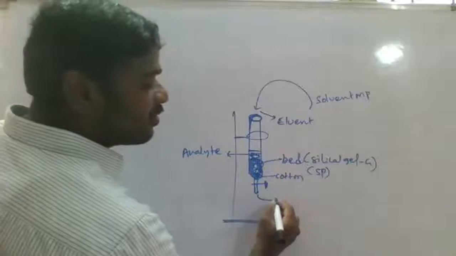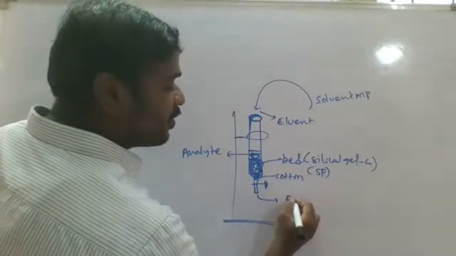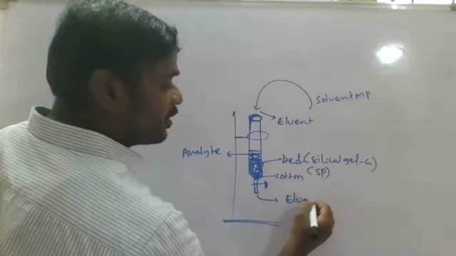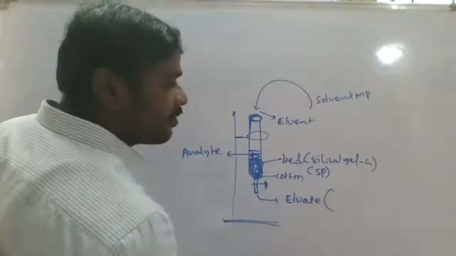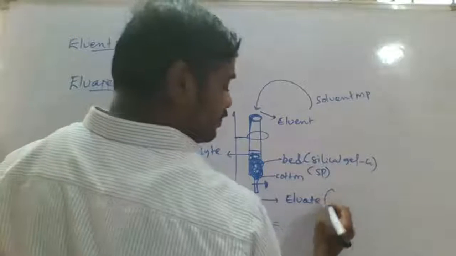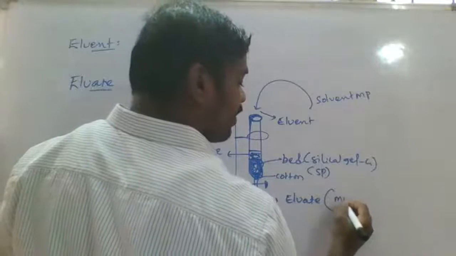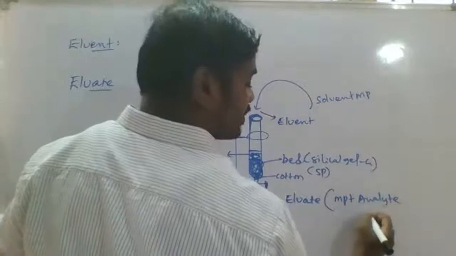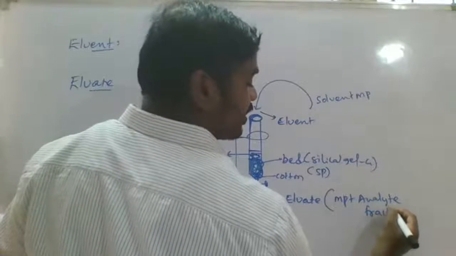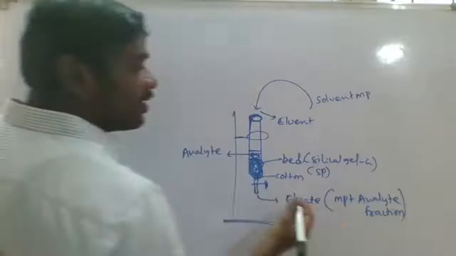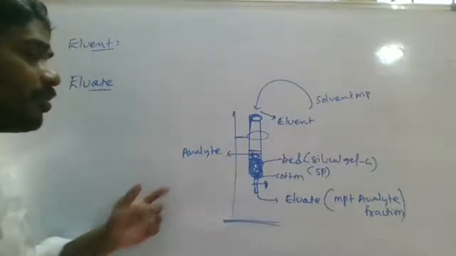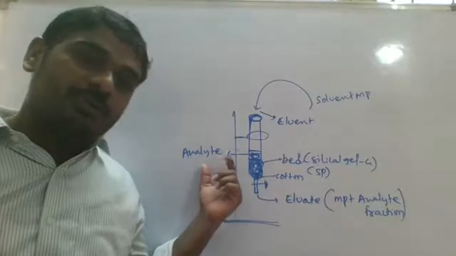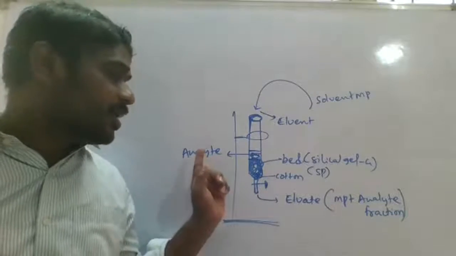This outcoming liquid is called the eluate. The eluate consists of the mobile phase plus the analyte fraction. What is the meaning of fraction? The analyte consists of a number of compounds, two or more components present in the analyte.